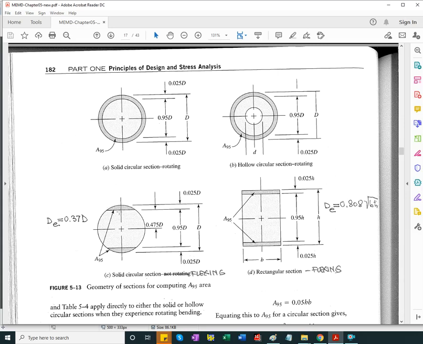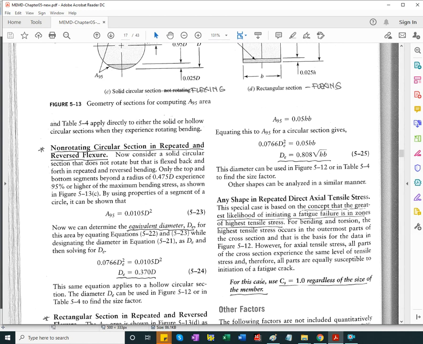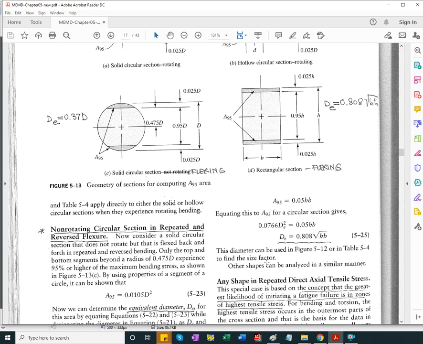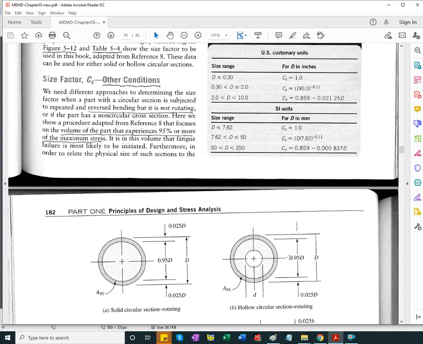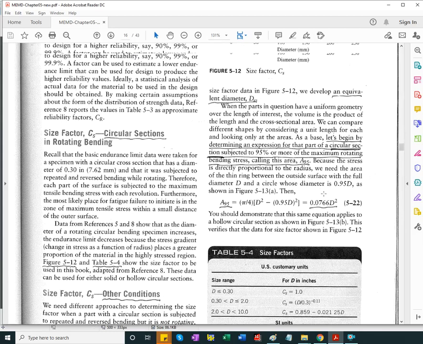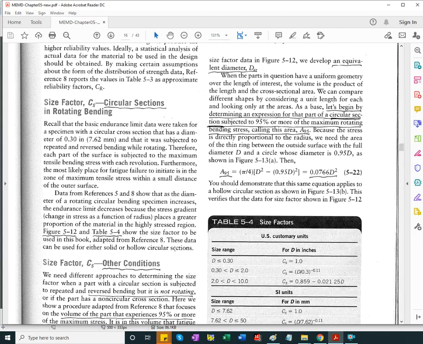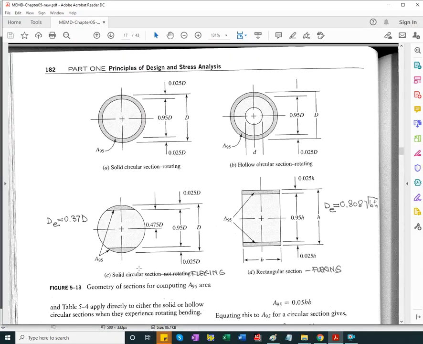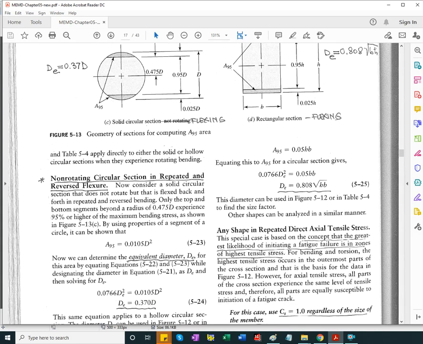So this will be a smaller portion than when you have a donut, a ring around the shaft. There are some equations that allow us to calculate the equivalent diameter, to use with the size factor, and they are all listed here in the text.